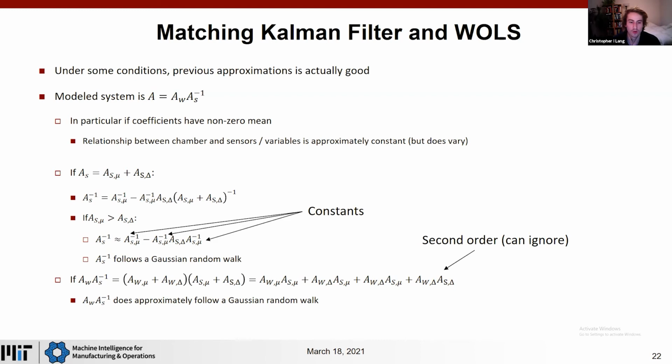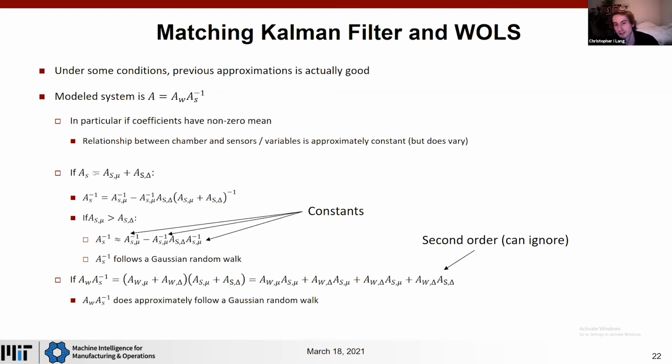However, we can add another assumption to this, which actually makes this a realistic assumption, in my opinion, which makes the previous approximation pretty good. So if we end up saying that these coefficients that we're trying to model have non-zero means, then AS inverse actually does follow a Gaussian random walk, and the combined system approximately does as well.